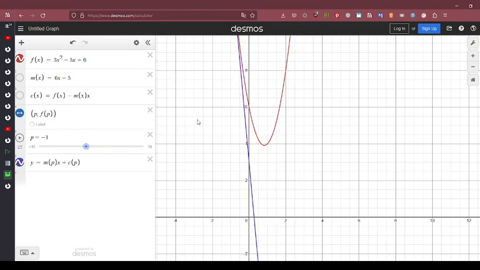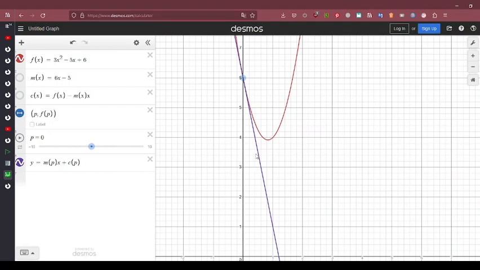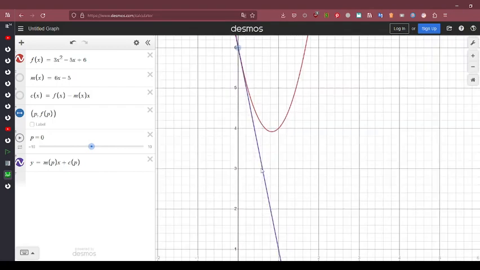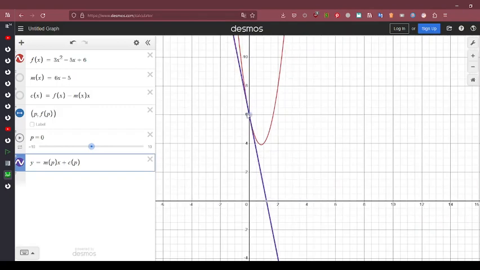And now we'll prove my point, that the gradient of the tangent at 0, 6 is -5. So when p is 0, the x value is 0, the gradient becomes, it goes down by 5. So 1, 2, 3, 4, 5. And if we look here, you can notice that it perfectly crosses the 5th box. So I was correct.